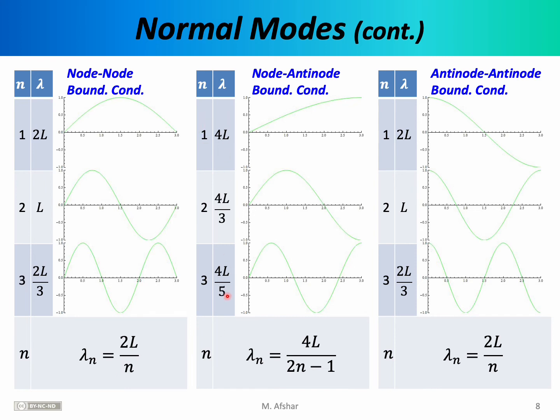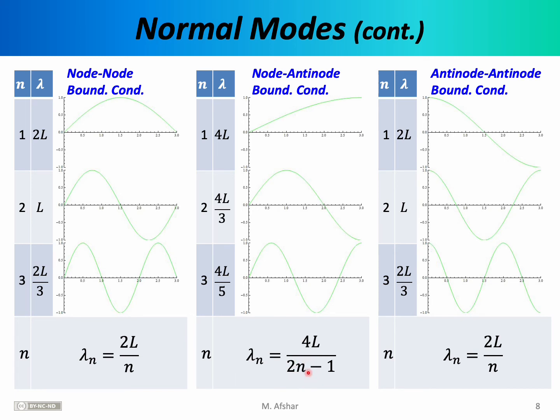If you look at the pattern here, you'll see that the node-antinode boundary condition has a slightly more complicated formula. It's always 4 times the length of the string or the rope divided by odd numbers. Notice we have 4L divided by 1, 4L divided by 3, 4L divided by 5, and you can generate the odd numbers by taking the integers, multiplying by 2, and then subtracting 1. So n is simply the integers, 1, 2, 3, 4, 5, and so on.